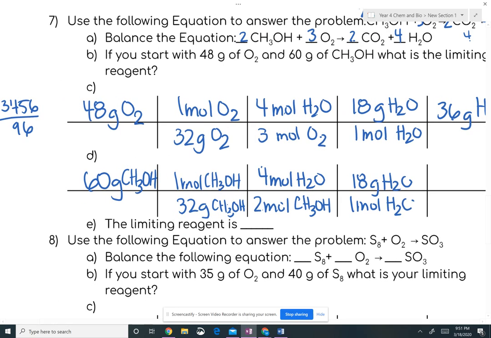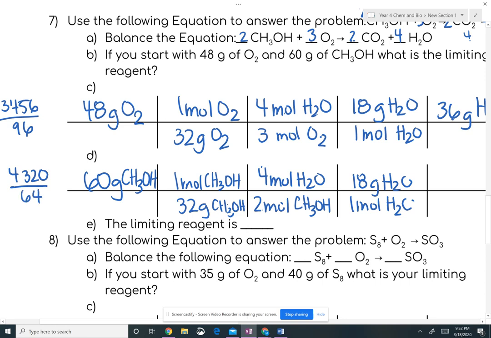Right, and then I'm going to multiply and divide across. So 60 times 4 times 18, which is going to be 4320, divided by 32 times 2, should be 64.